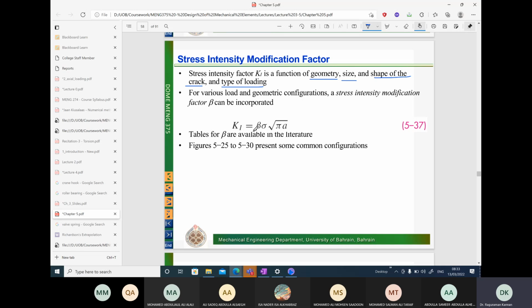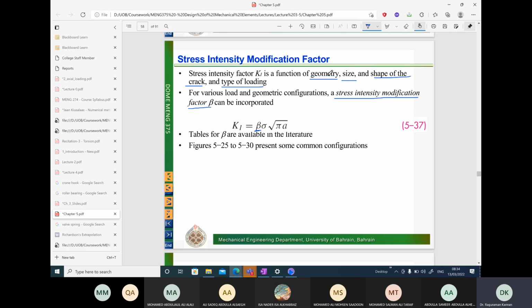We cannot do that analytically, and therefore we include another factor, the stress intensity modification factor beta. This beta will usually be provided with graphs, and these graphs are very similar to your Peterson's graphs. From these graphs, you extract the value of beta and then calculate the actual stress intensity factor for the crack.